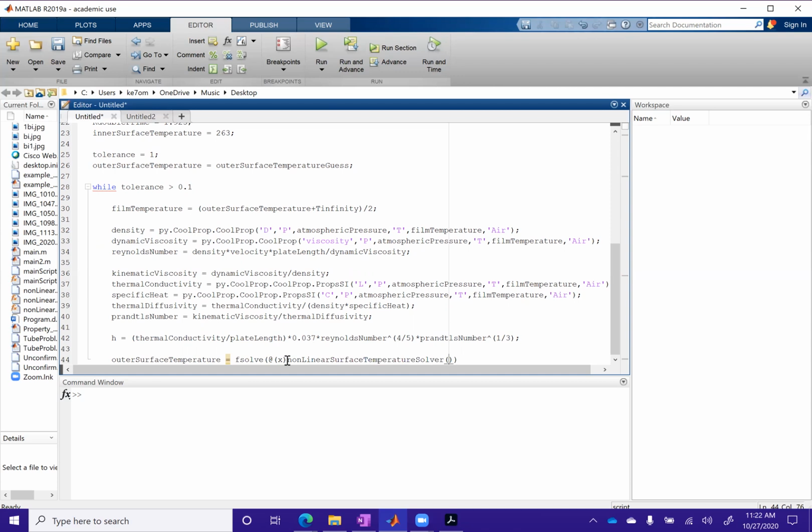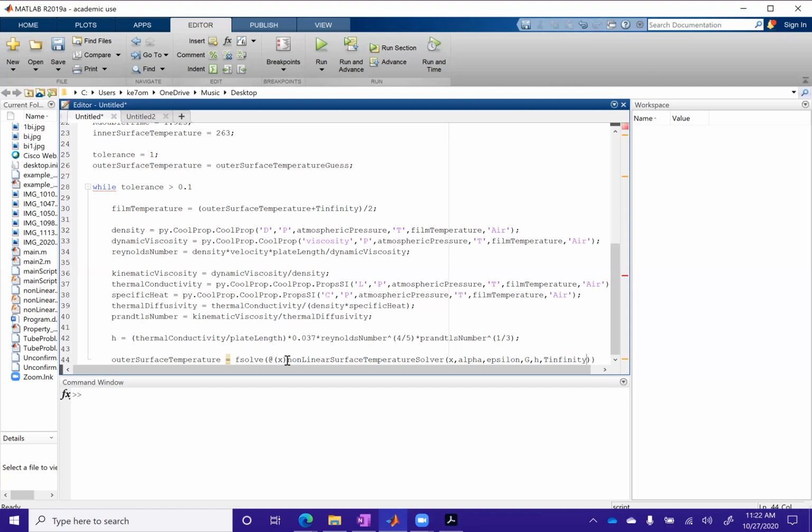I'm going to pass in x, which is going to be my guess, when I call fsolve. So I'm going to need to pass in alpha, epsilon, G, h, T infinity.